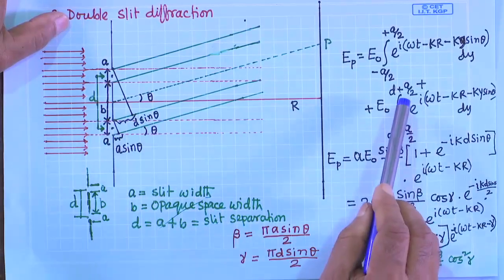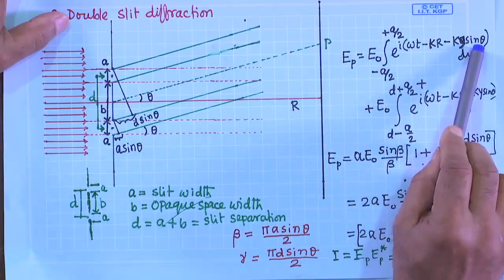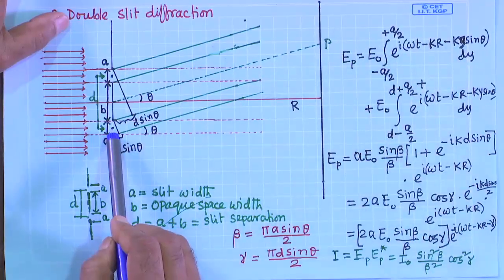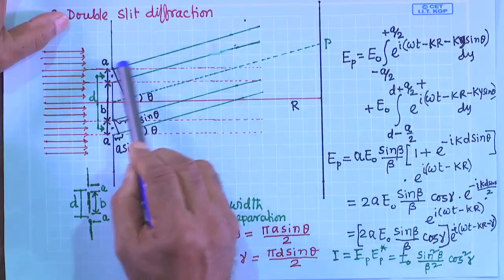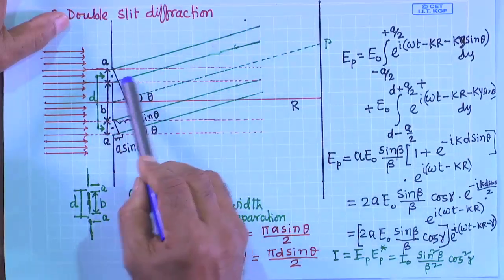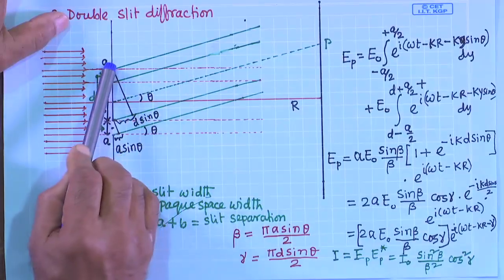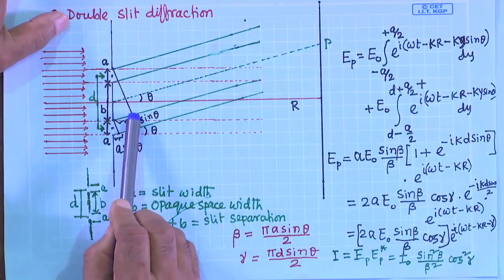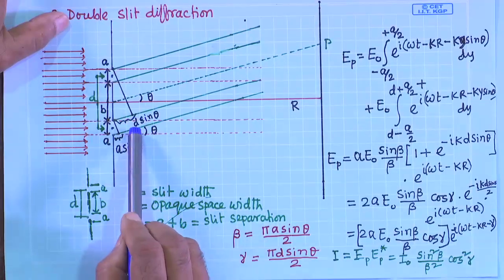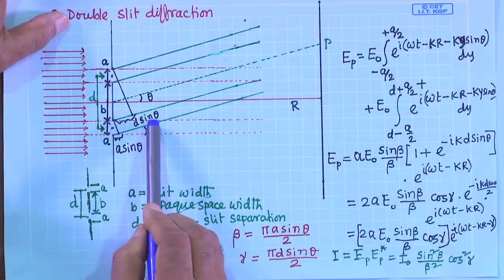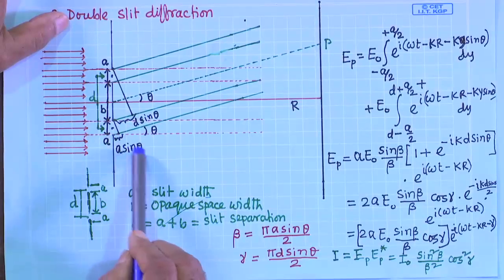So we have the contribution from this slit, plus the contribution from the other slit with respect to this one. From this place, what will be the path difference for this ray? It will be d sin theta, and for this part it will be a sin theta.